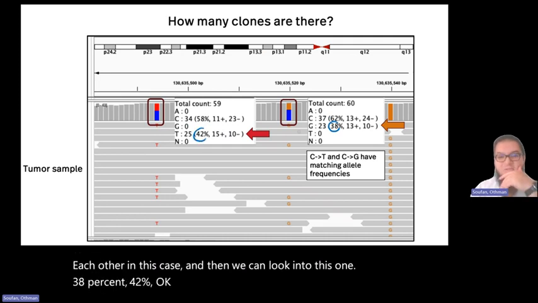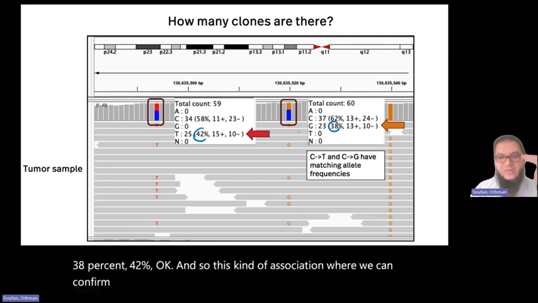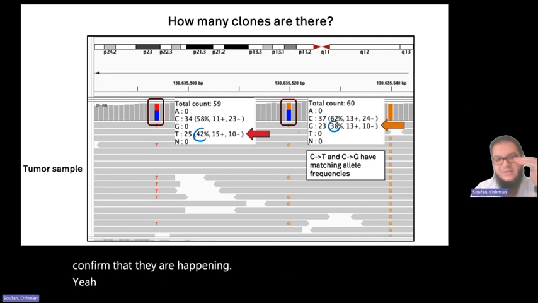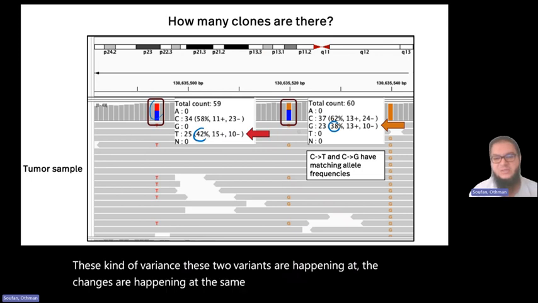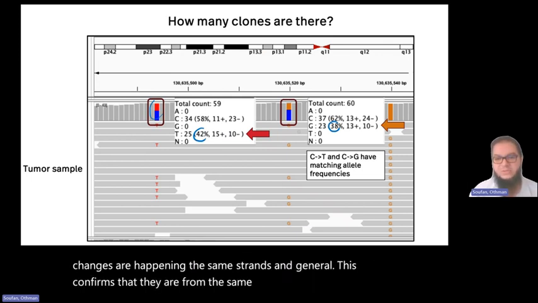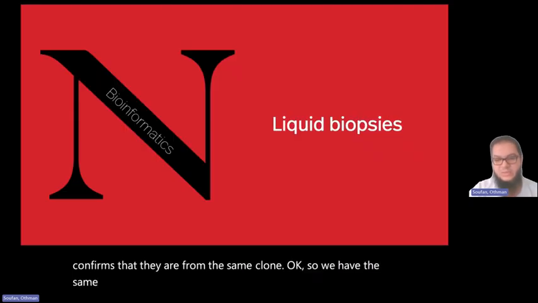And so this kind of association, where we can confirm that these two variants are happening, the changes are happening, on the same strands, in general confirms that they are from the same clone. So we have the same clonal community.